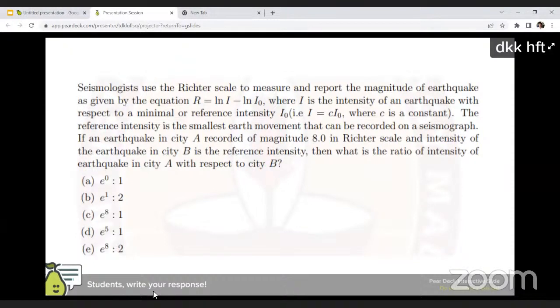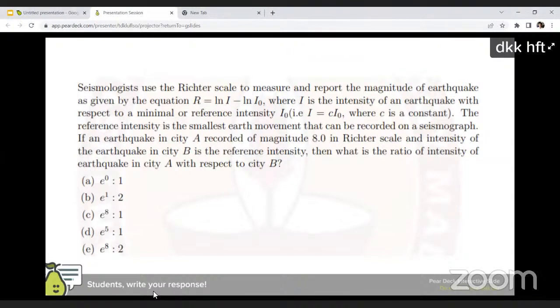If an earthquake in city A is recorded of magnitude 8, so I can say R equals 8 here, right? And intensity of earthquake in city B is the reference intensity. So in city B, it is I naught, right?